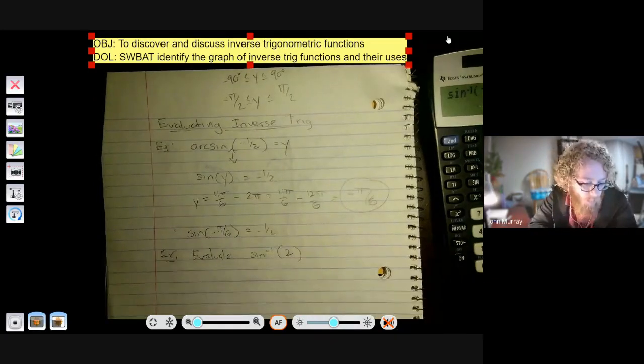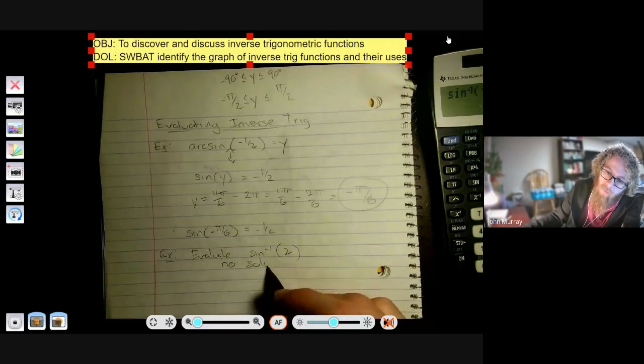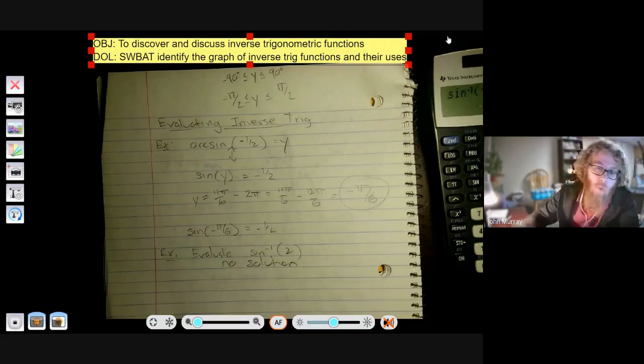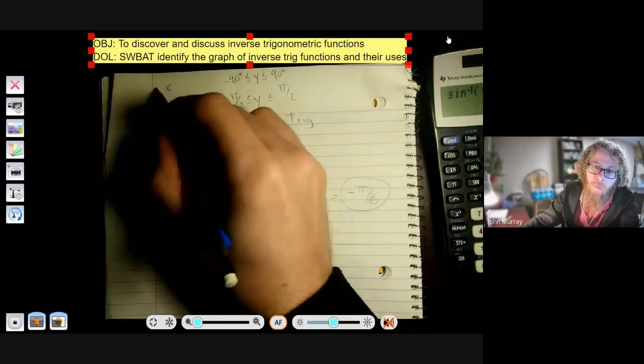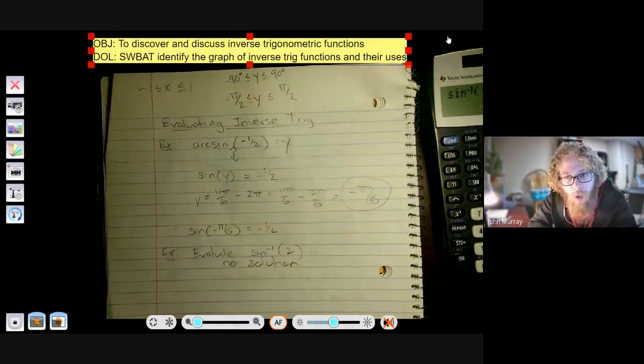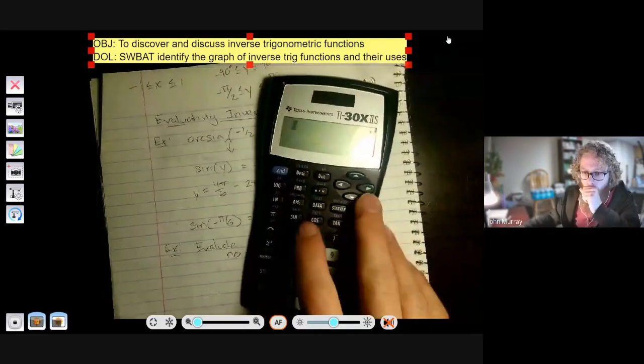If I gave you something like this and I said to find the inverse sine of 2, well, right away, we would know that there is no solution. Okay, for a few reasons. Well, because my domain, remember, is -1 to 1.